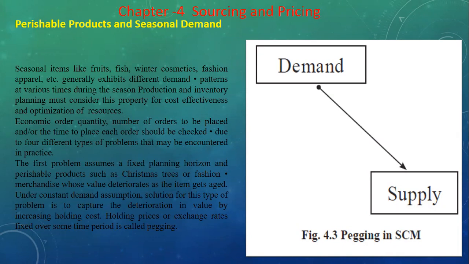Under this constant demand assumption, the solution for this type of product is to capture the deterioration in value by increasing the holding cost. The product is kept and we have already invested in it, and now it is taking space in the inventory, so the inventory cost will also be added because of the space it takes.